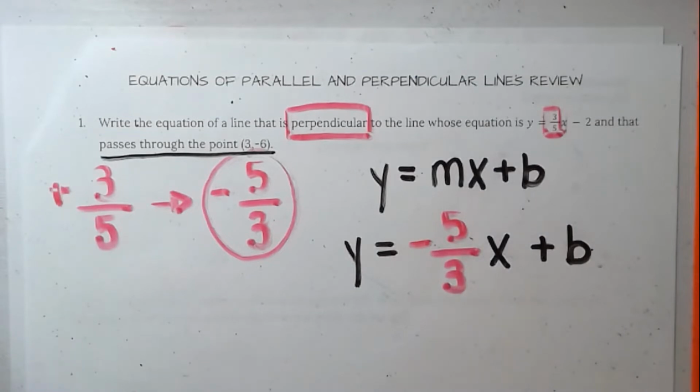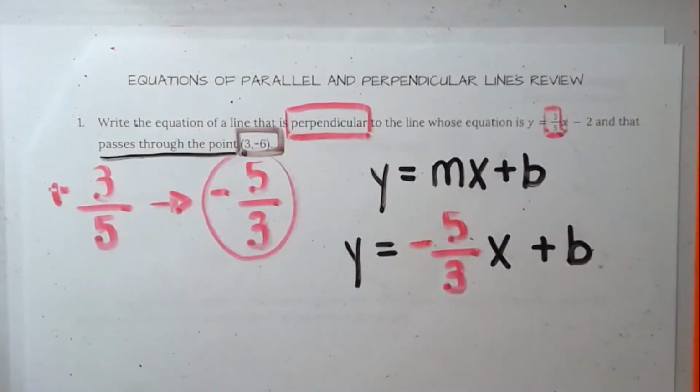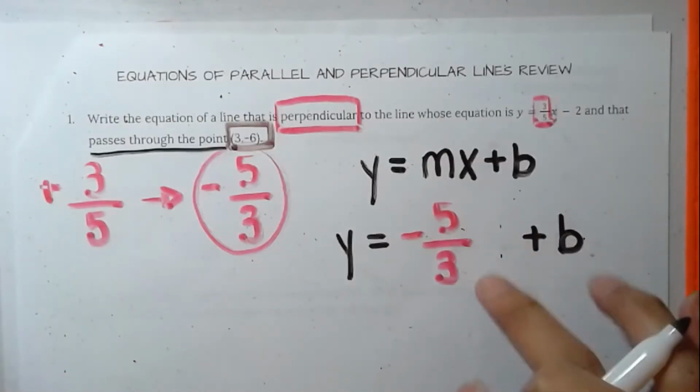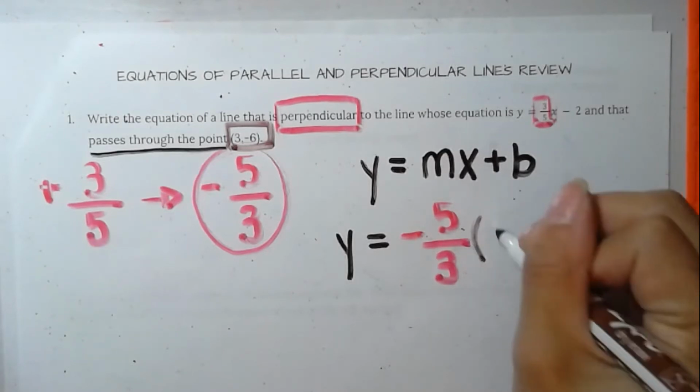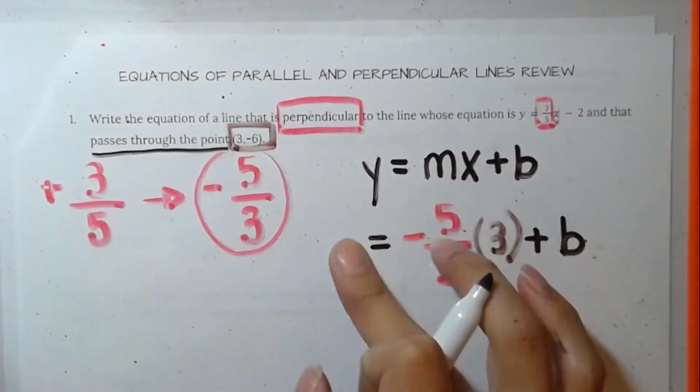What is another part that we know? Well, we know that it passes through this point here. So can't we plug in the 3 and the negative 6? We sure can. So let's plug in the x as 3, and let's plug in the y as negative 6.